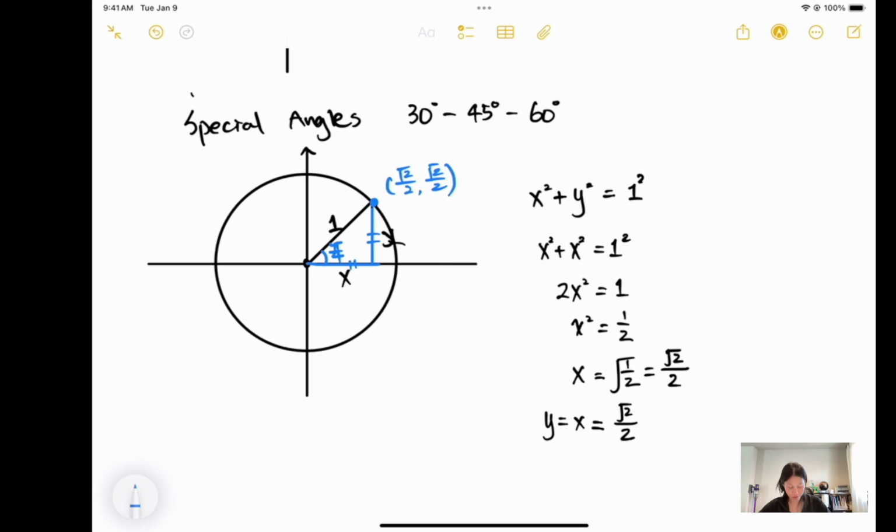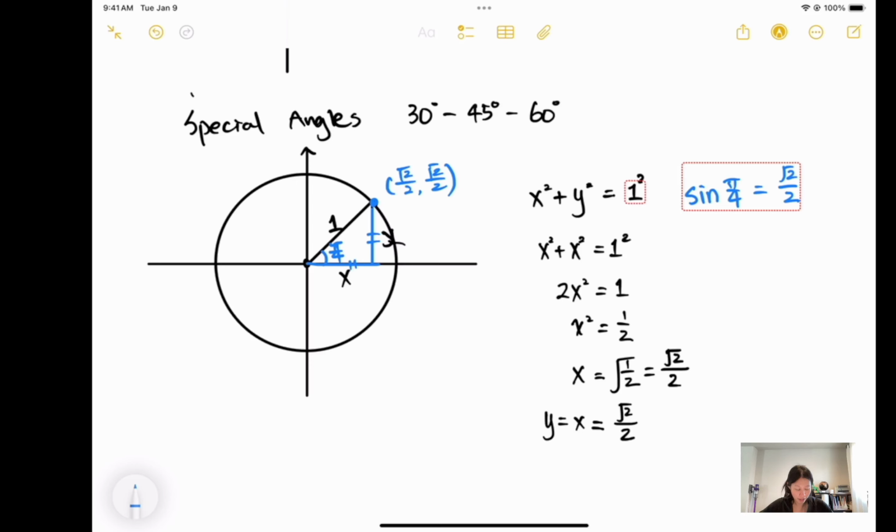So now what happened is our sine of pi over 4, which is 45 degrees, is equal to our y value, which is square root of 2 over 2. And our cosine of pi over 4 also equals square root of 2 over 2.